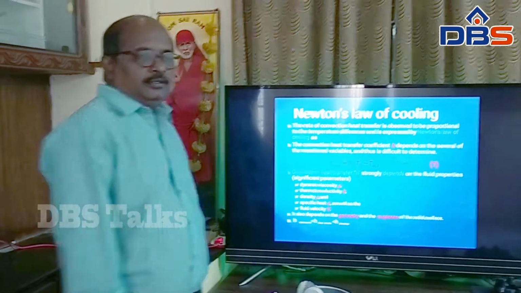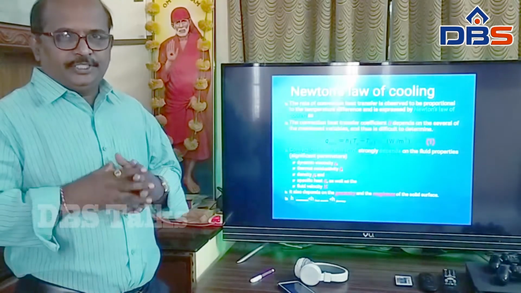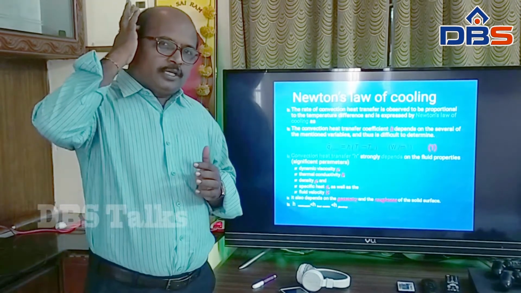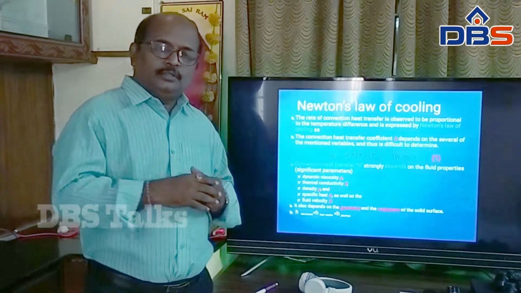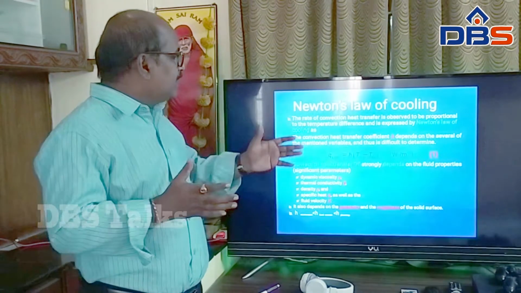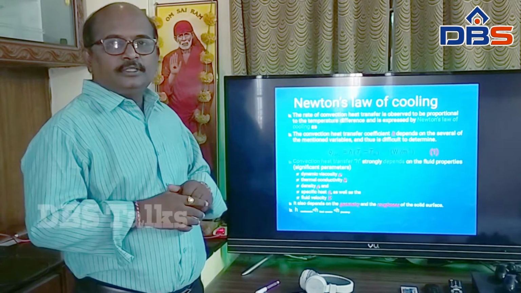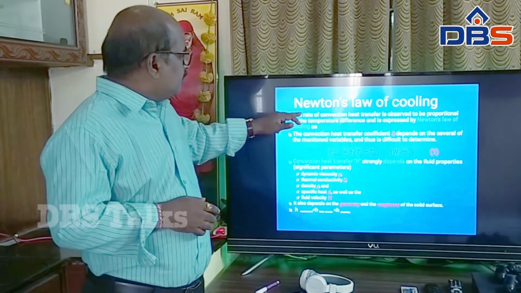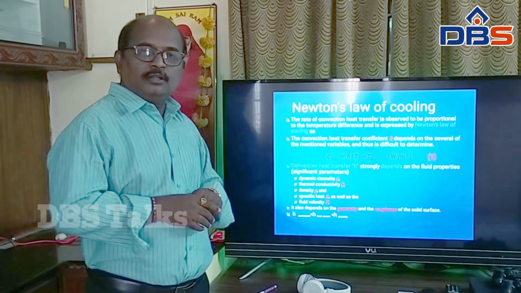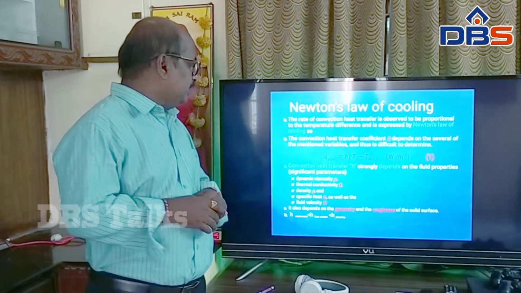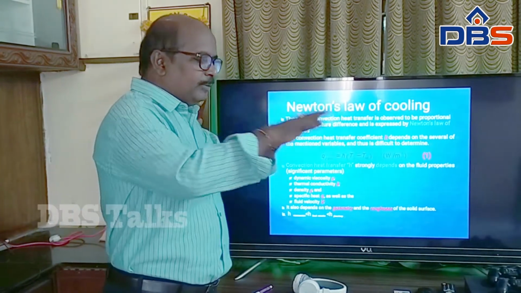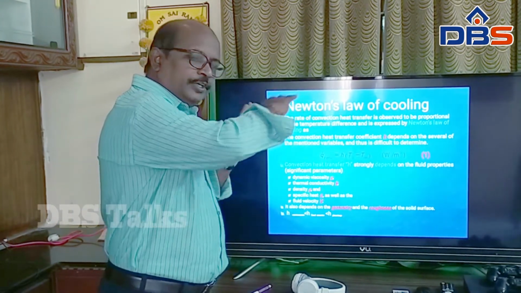Next, how do we calculate convective heat transfer? For conductive heat transfer, we use Fourier's equation, but how do we calculate convective heat transfer? To calculate it, we use Newton's law of cooling. Assume there is a plate, and over the plate a fluid is flowing.